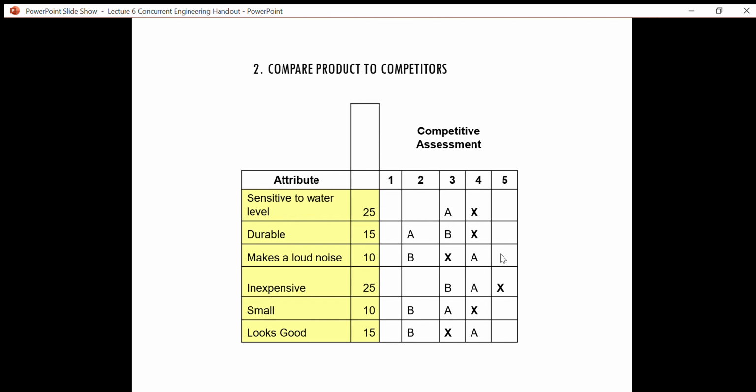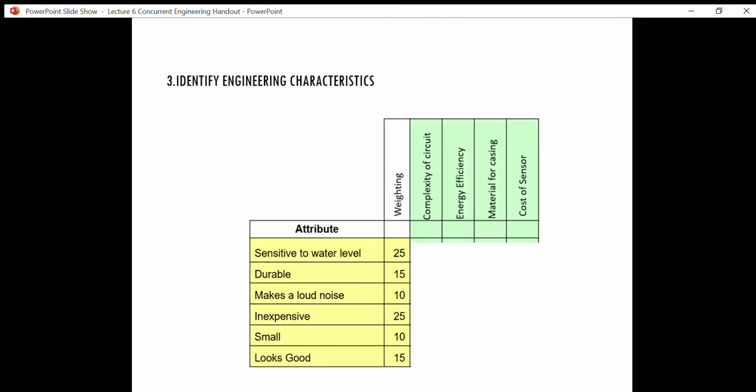So we make this, and then we make a judgment from this comparison, and then we identify the engineering characteristics for each attribute we have. We try to relate them to the engineering characteristics, for example, complexity of circuit. Complexity of circuit is always related to the sensitivity, the sensor, or the circuit design.